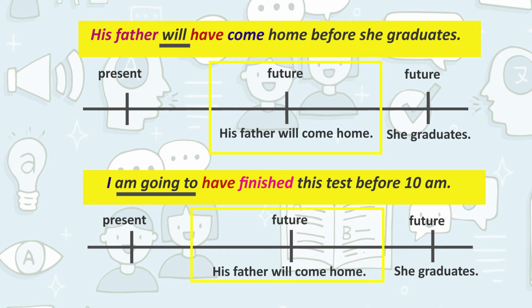The example that we have below, I'm going to have finished this test before 10 a.m. So there we have the simple present as well in the time clause. So there we can establish that we can use either the future form by will plus have plus past participle, or be going to plus have plus past participle. And when we have the time clause, don't forget that we use the simple present.